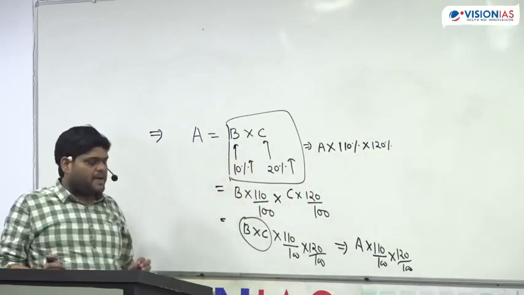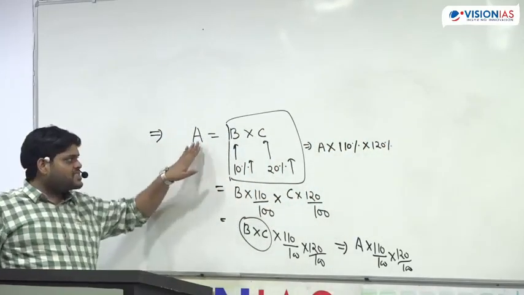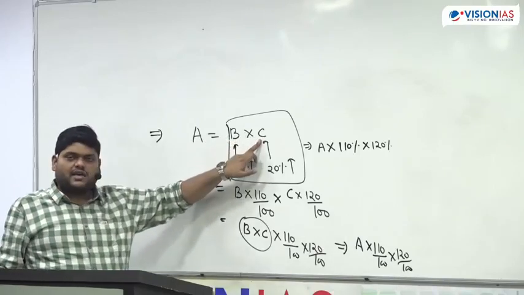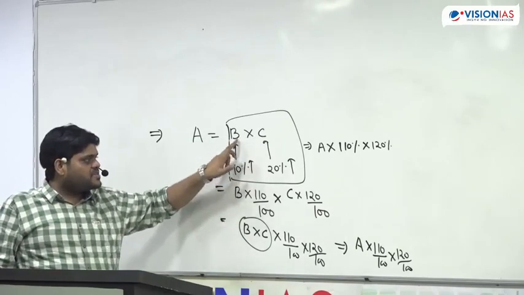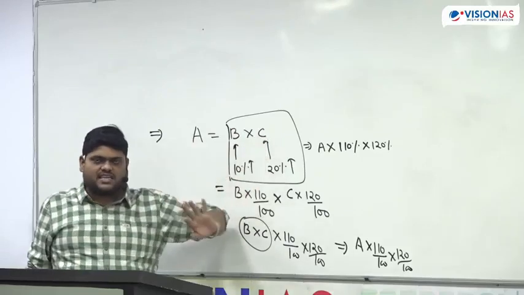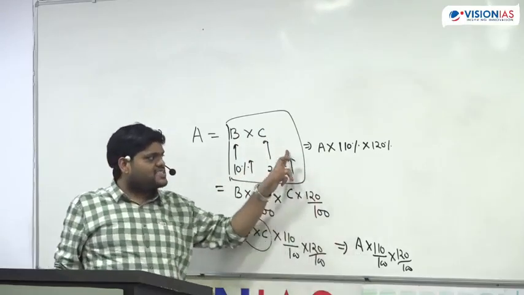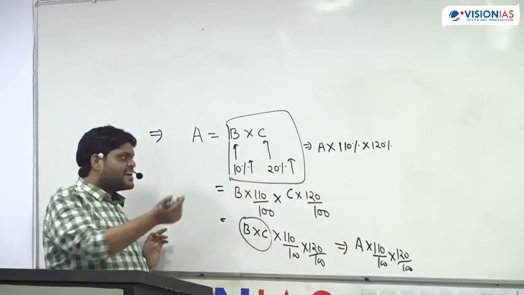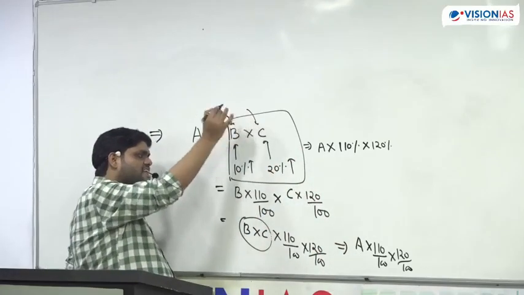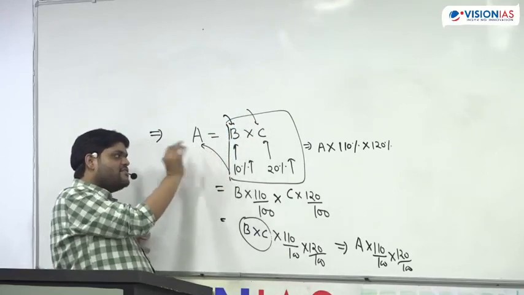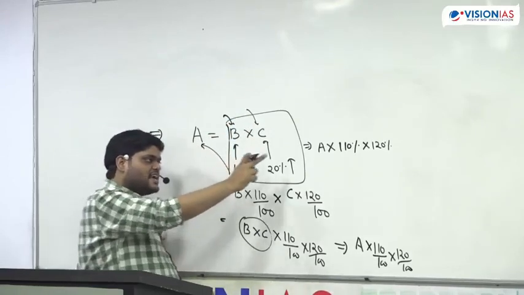I am repeating, when A is given as B into C, and we are increasing 10% in B and 20% in C, the increment is not directly in B and C. We can say we are directly increasing 10% in A first.